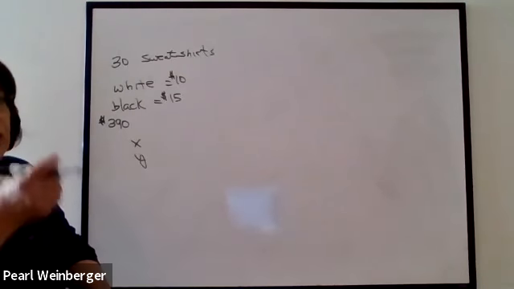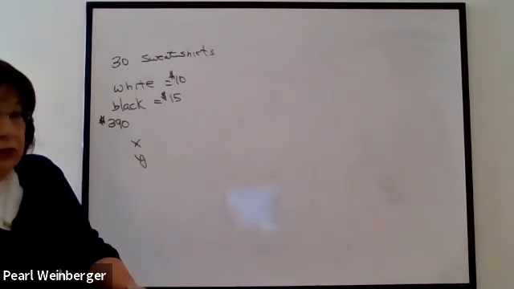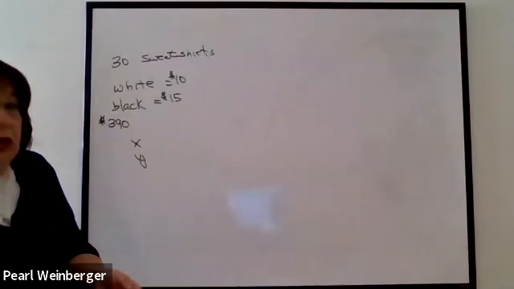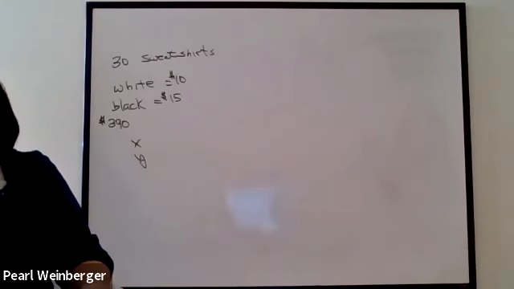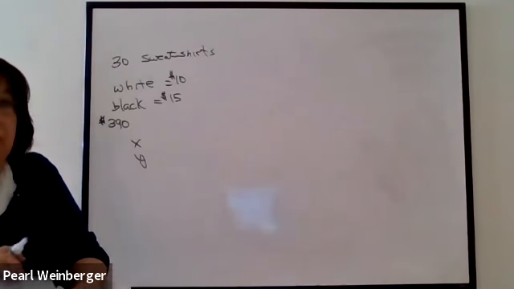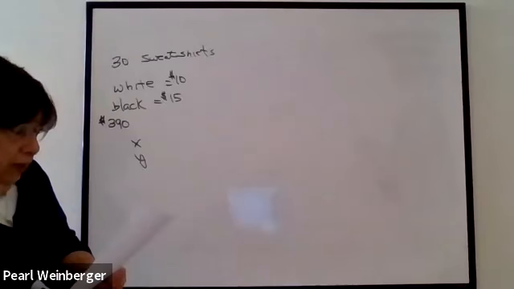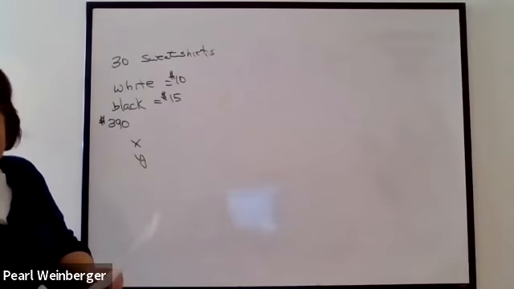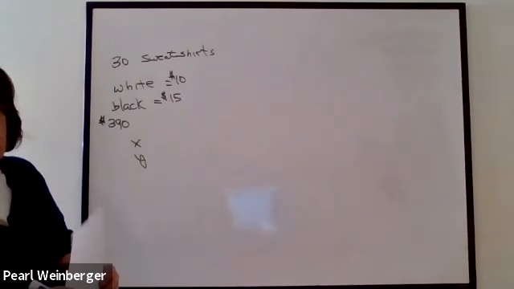That's not a good enough description. What about the black shirts are we looking for? Look very carefully at what the question is asking. That will allow you to decide what your variables represent, what your legend should be. The question is, how many black shirts were sold and how many white shirts were sold?